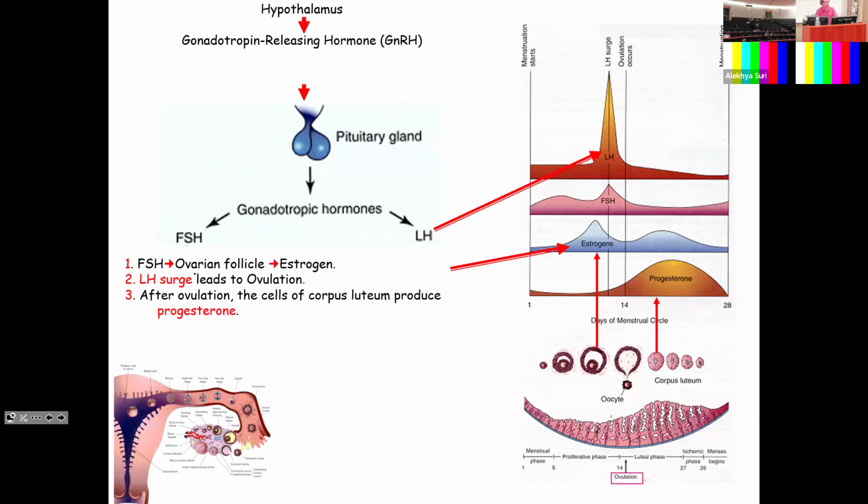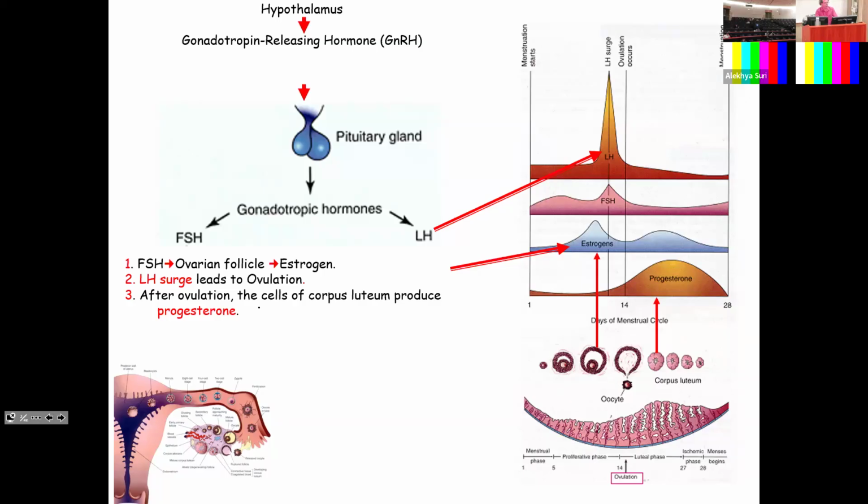And FSH is responsible for acting at the ovarian follicle, which is responsible for generating estrogen. And then LH at some point will surge, like you observe here, and will lead to ovulation.